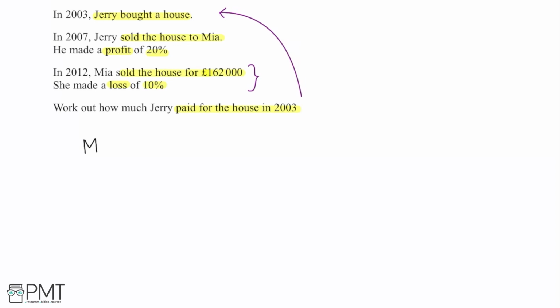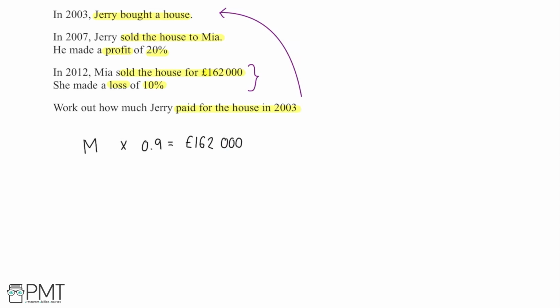So if we were to use a multiplier to express this, if she made a loss of 10%, that's 10% less than 100%. So it's like she sold it for 90% of the value that she bought it for. So if we take M being the value that she bought it for and multiply this by a multiplier that's going to give us 90%, so 0.9, that takes us back to the price that she sold the house for, £162,000.